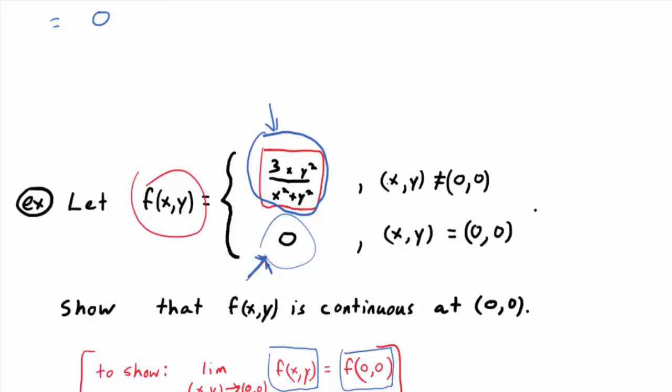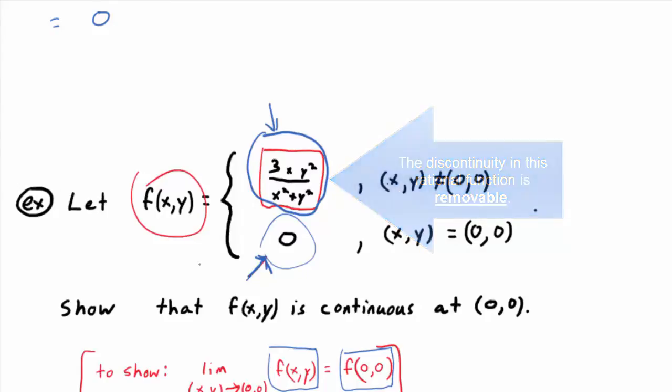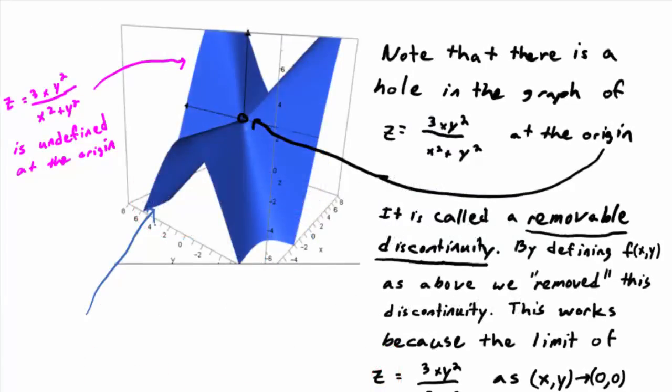And so we've actually created a continuous function, even though the original rational function had a hole in it. The discontinuity at (0, 0) is just one little pinprick of a hole. It turns out that that's a fillable or removable discontinuity, if you want to think of it that way. When you graph this thing, you're not actually going to see the hole in the graph, but it would be right here, at the point (0, 0, 0).